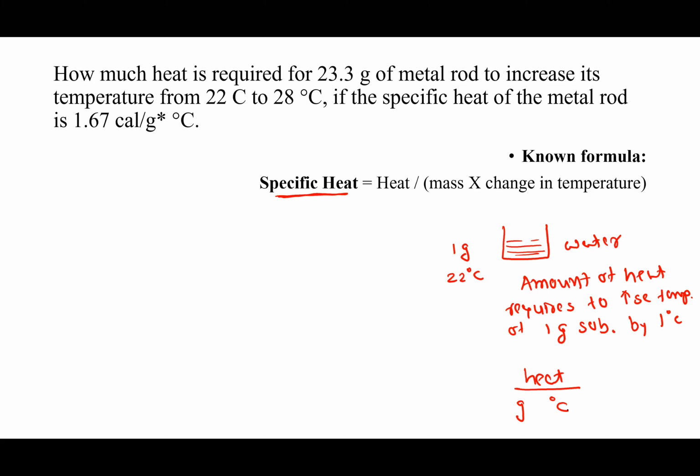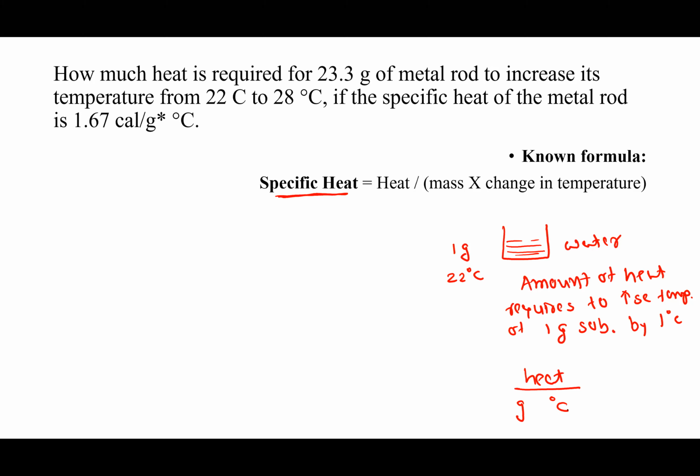Even for iron, let's say I give you a piece of iron which weighs about 1 gram. If you use a thermometer to measure the temperature, and it says 25 degrees Celsius for now, I tell you to put it on a heat until it reaches 26. Then I ask you to find out how much heat you provided to that iron cube so that the temperature goes up by 1 degree Celsius.